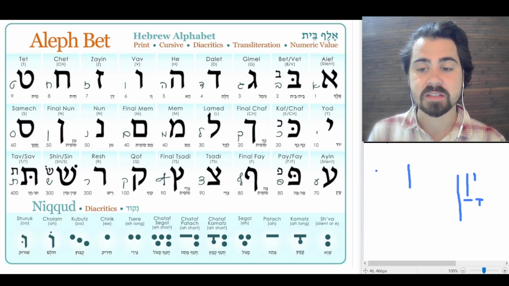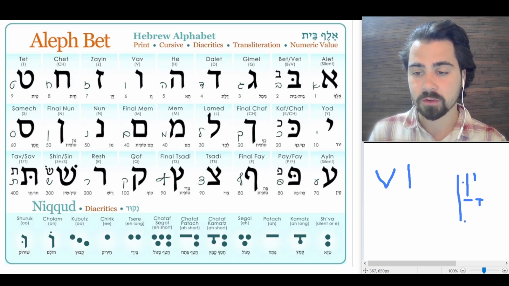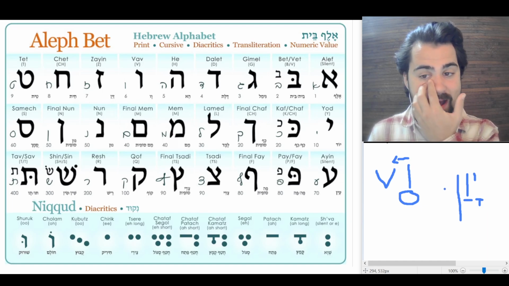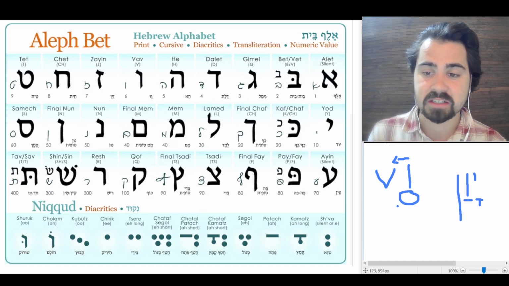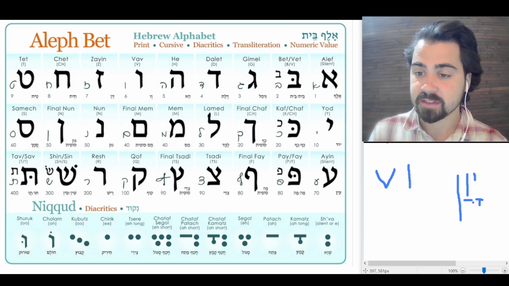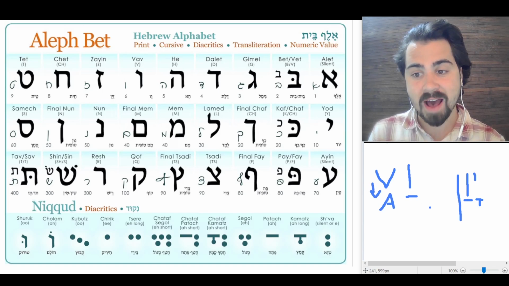If you said it's the v, you would be correct, because there is no dot on the left, there is no dot on the top, there is only a normal nikud underneath, meaning it's the consonant, it's the normal letter, it's not a vowel, so it reads out as v. And since we do have a nikud, also a, together it's va.